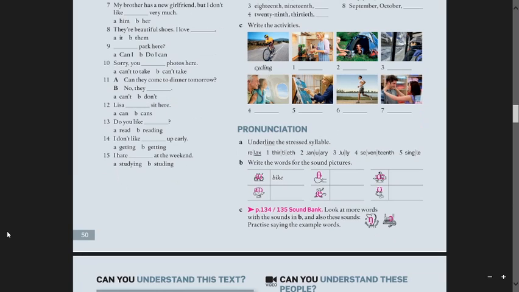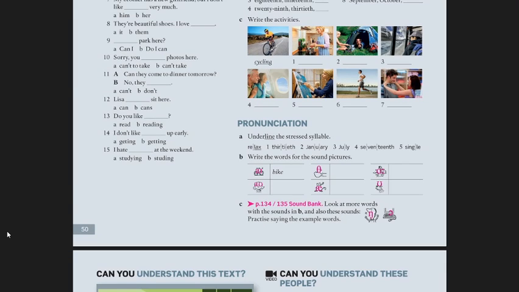Then, in activity B, you have to write the words for the sound pictures, ok? So you have to write words there, okay, for those sounds. Para eso vayan a la página 134 y 135, que ahí está toda la parte de Sound Bank, okay, los diferentes sonidos para los diferentes grupos de diptongos o vocales, etcétera, ¿ok?